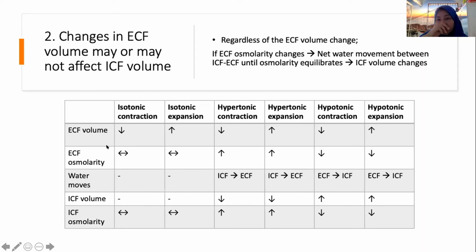Although when you assess the hydration status of patients, you are almost always referring to the extracellular fluid compartment, which is usually the plasma, you just need to know that any changes that you make to the extracellular fluid will eventually affect the intracellular fluid.